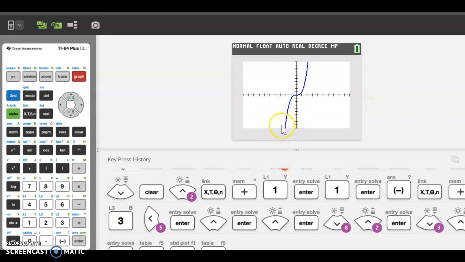When I look at this graph, where does it start to increase, decrease, or stay constant? Here's the beginning part of the graph. It comes from down this way. So coming from left to right, that graph is increasing. It's going up. Think of traveling down a highway. As you go this way, what's the graph doing? It is rising.